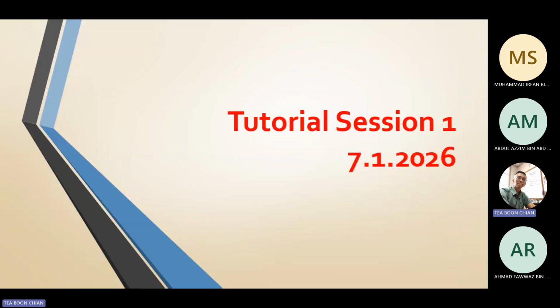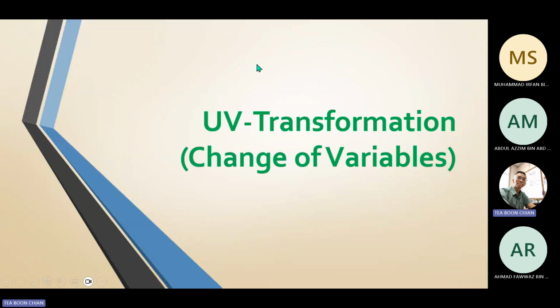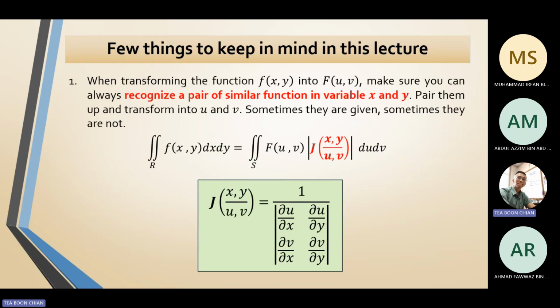First is the UV transformation. Since all of you have actually gone through this UV transformation in your midterm test before, most of the information should still be clear, and I hope the concepts are still familiar to you. All right, without further ado, let us consider a very quick short summary about the UV transformation.